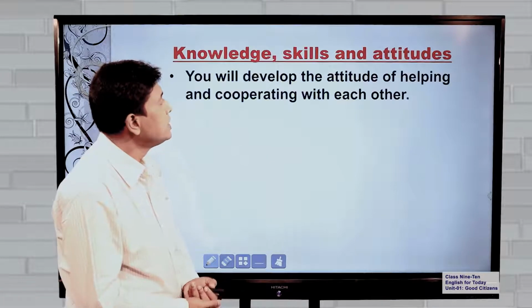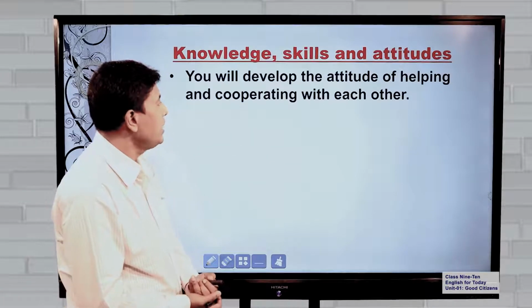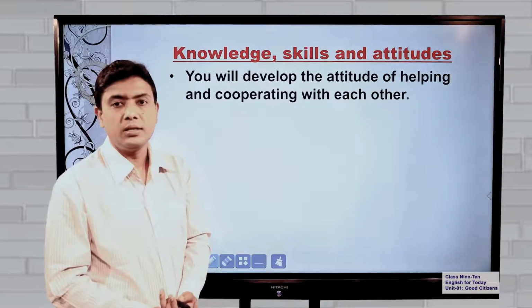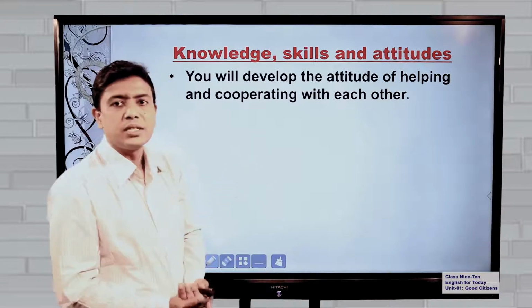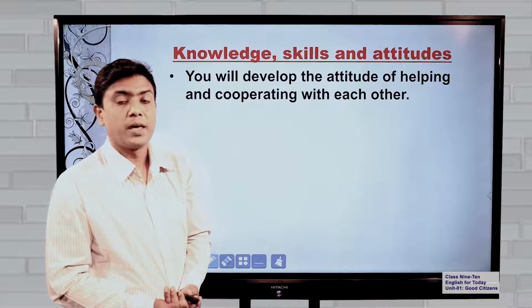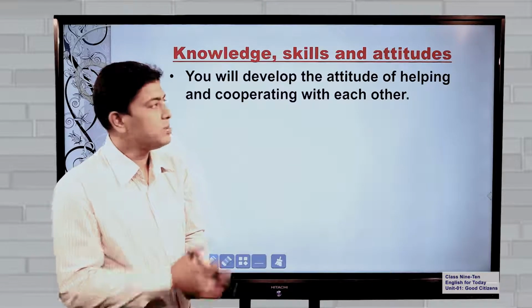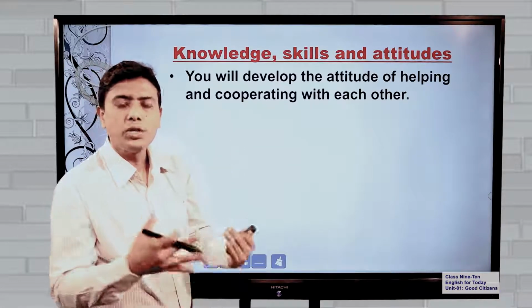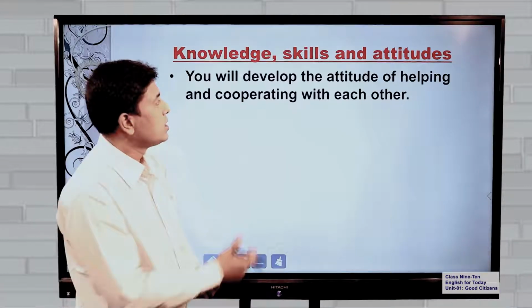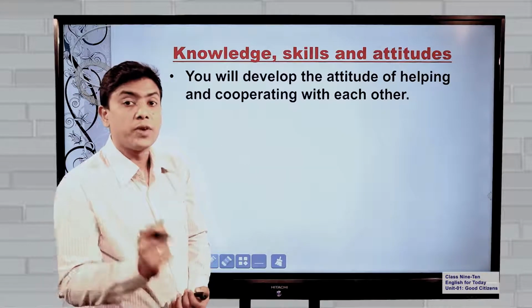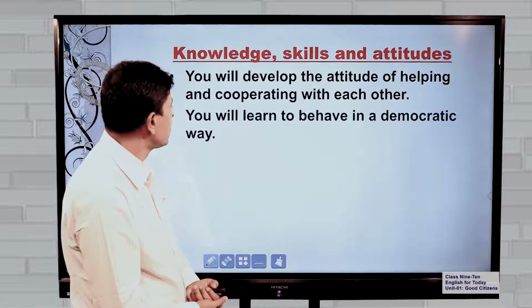And you will develop the attitude of helping and cooperating with each other. Because in the group study, it is not one's job. Everybody has to participate. Everybody has to talk, coordinate, and help. So your attitude is going to be very positive after this group work.